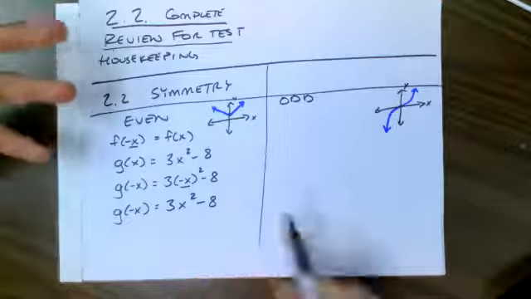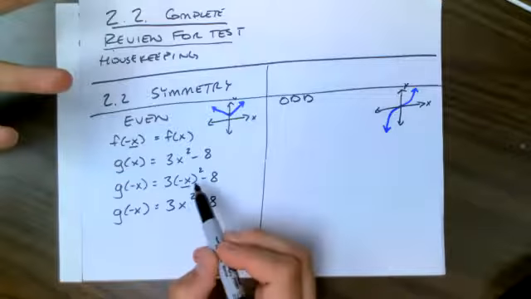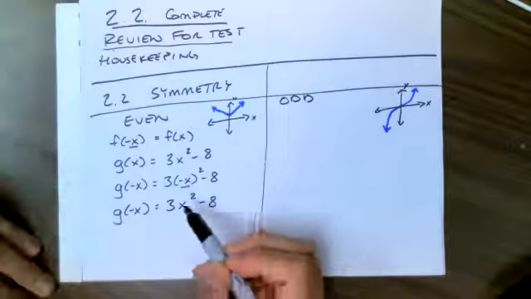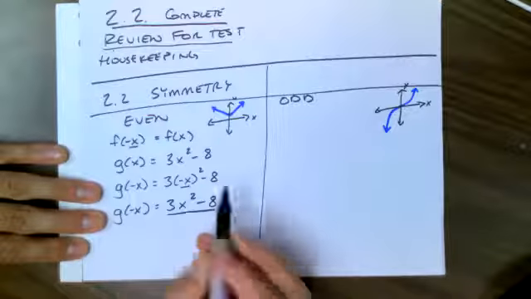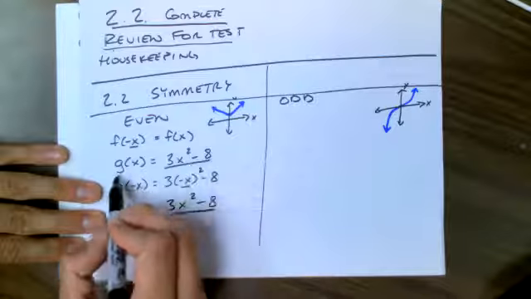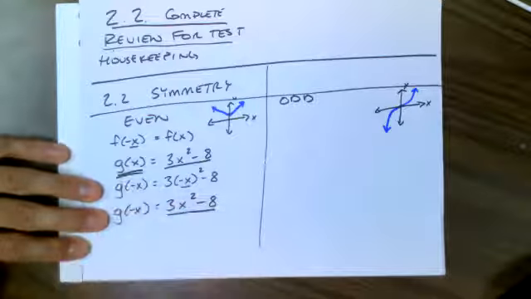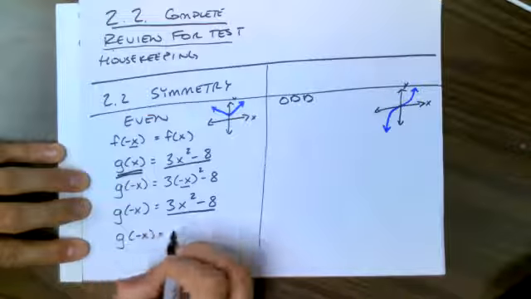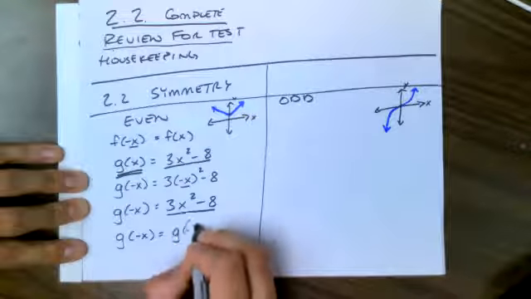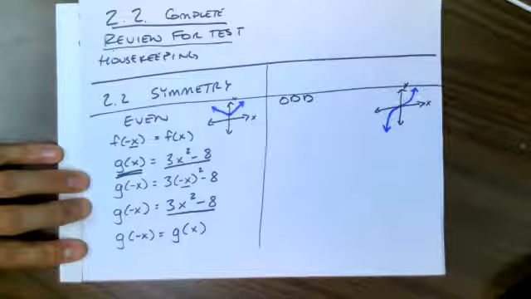The negative 8 doesn't change because there's no variable. But the negative x squared, since we're squaring the whole thing, becomes positive x squared. And look, this is what we started with, our g of x. So therefore, we can state g of negative x equals g of x.